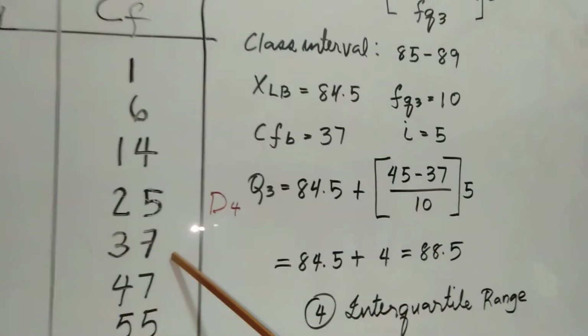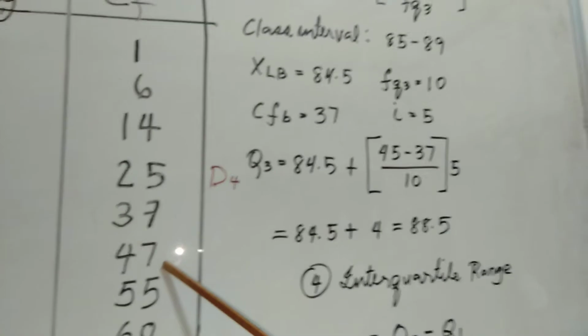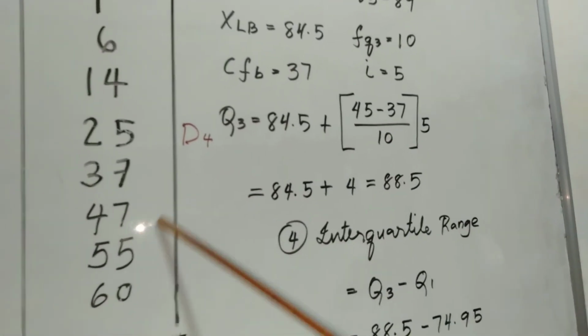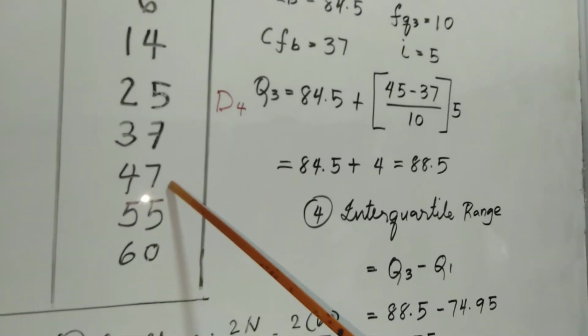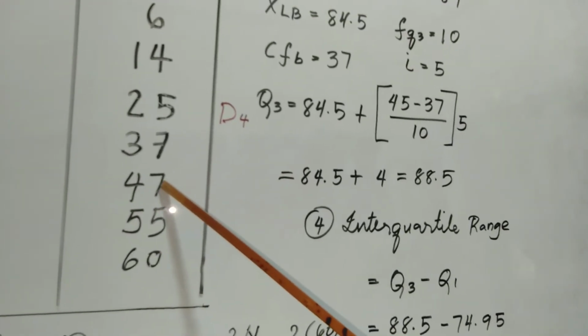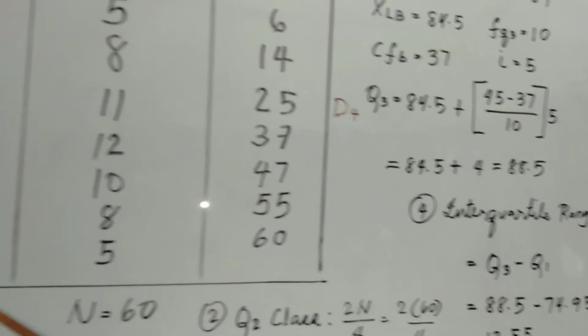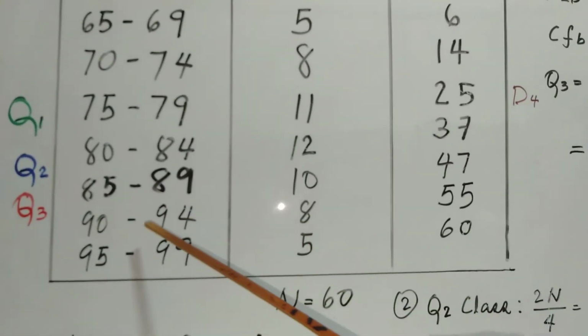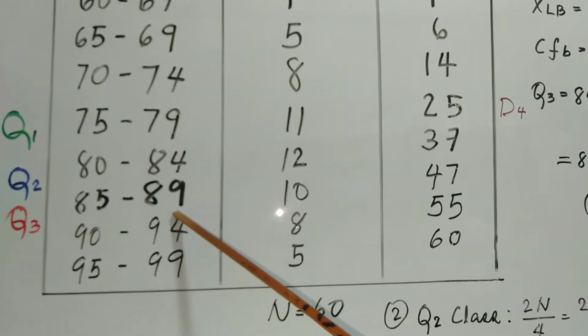Since there's no 45, it is between 37 and 47, so we're going to use the upper value, which is 47, and thus we're going to use this row here, 85 to 89 for the scores.